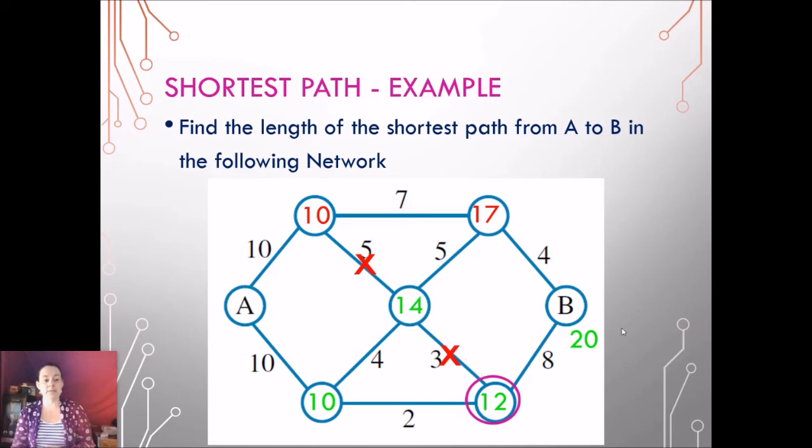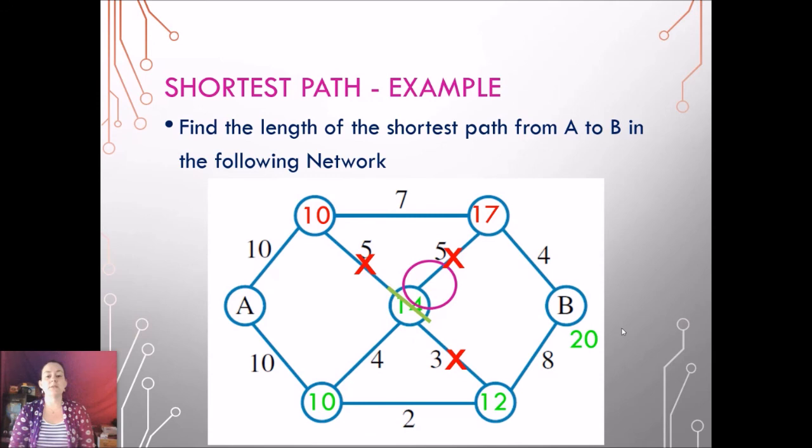20 is not our shortest distance on our graph. We want to keep going until 20 is the shortest distance. So we look at our next one, which is our 14. So from 14, the only direction we haven't gone is towards the 17. 14 plus 5 gives us 19, which is going to be longer, so we don't need to go any further with our 14 there.